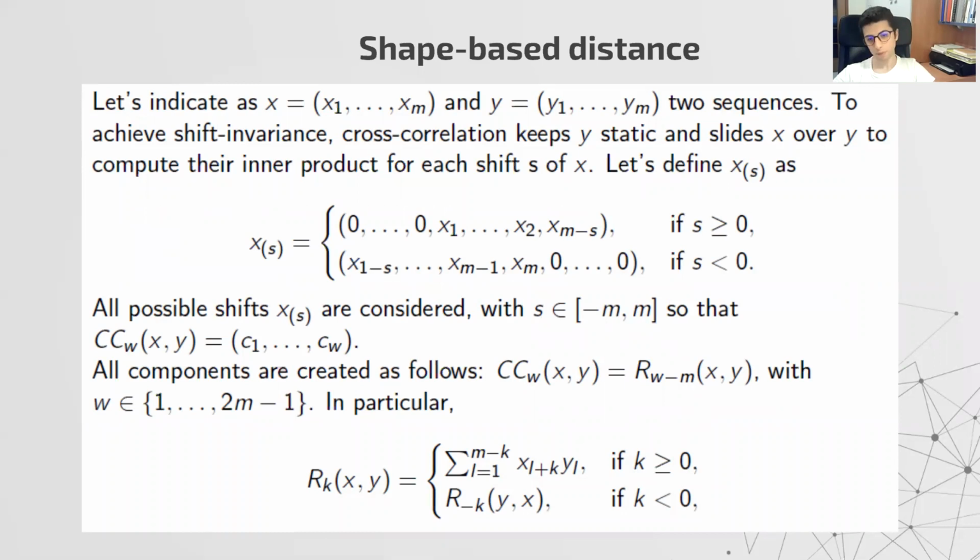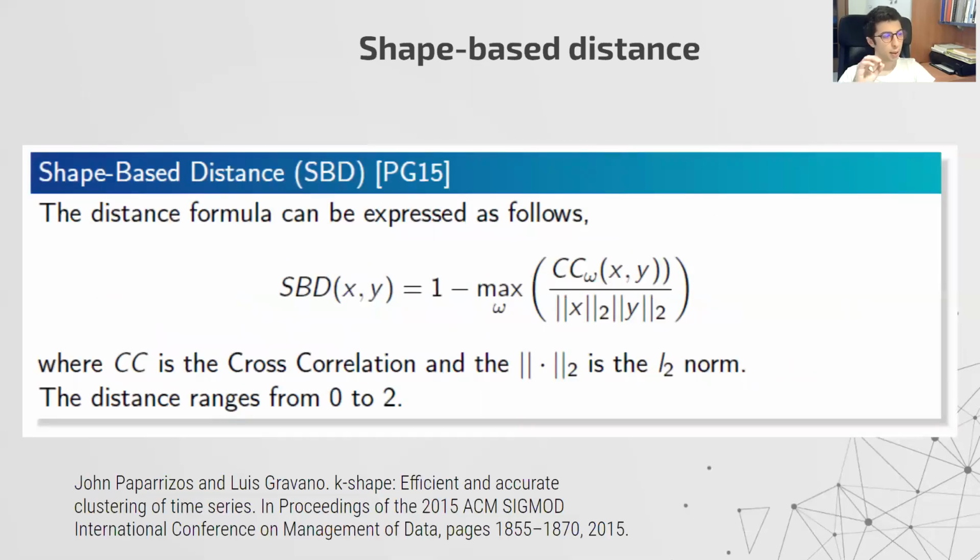In fact, this one is evaluated between all the possible shifts of two time series, and the omega index is exactly the specific index that allows the maximum of the cross correlation.